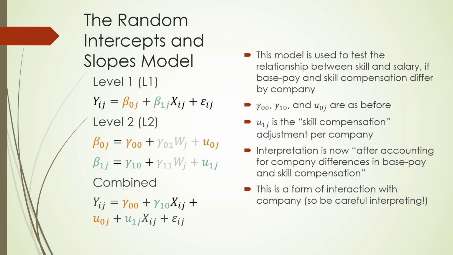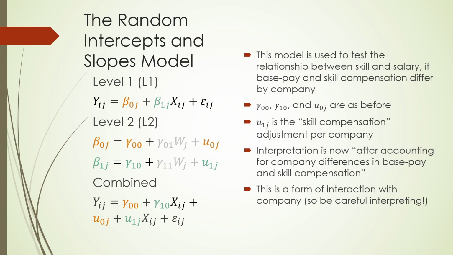So we do want to be careful here that any interpretation of gamma sub 1,0, the average relationship between skill and salary, may or may not be a good general interpretation, depending on how much companies vary in this.